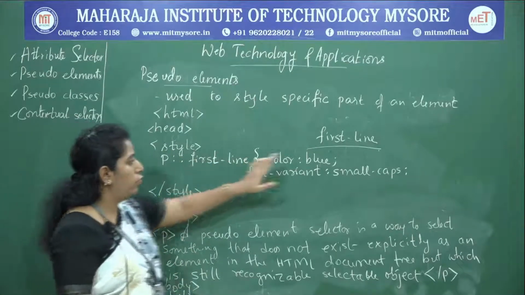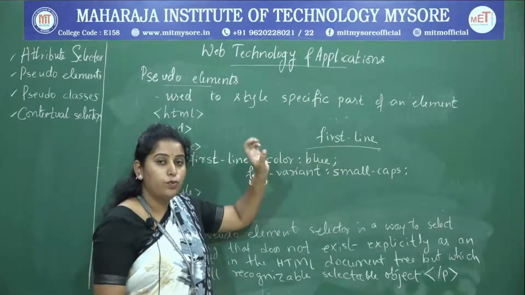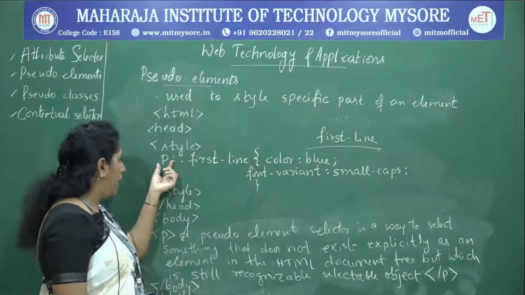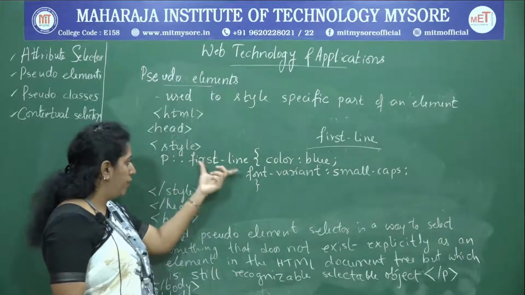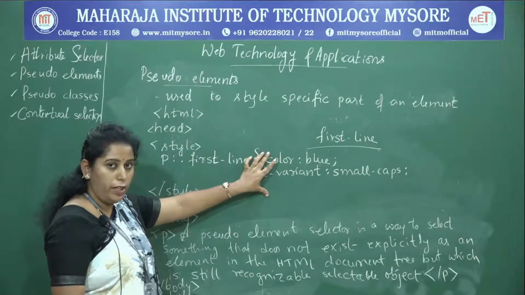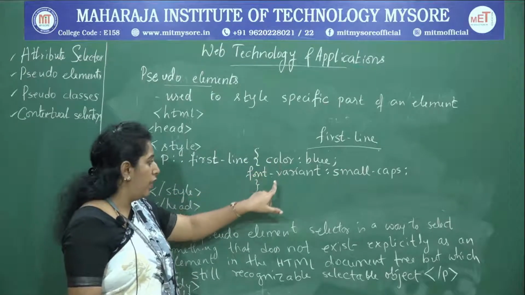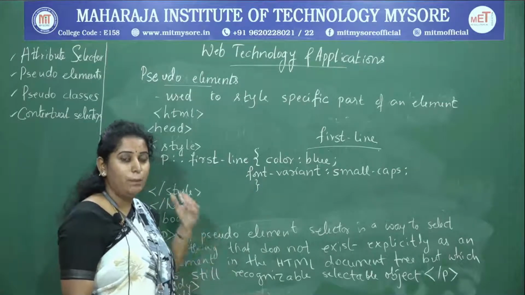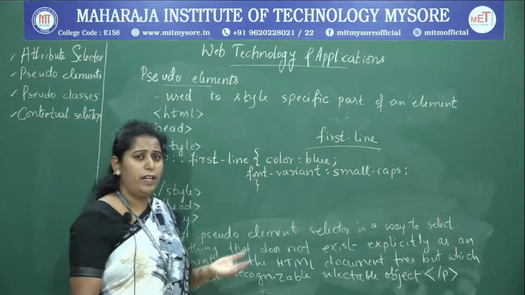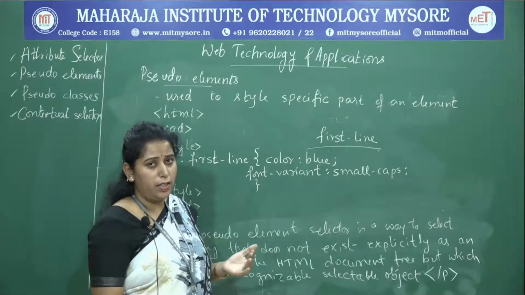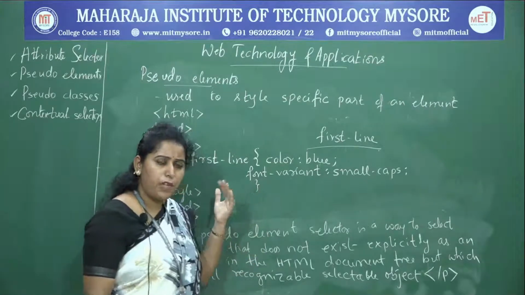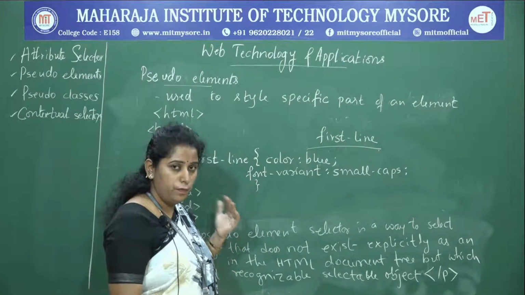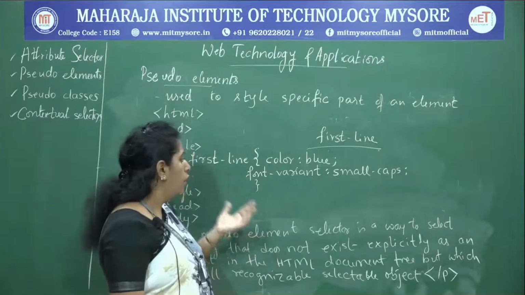Okay. So the pseudo element called first line is used to style the first line of the paragraph. So in the paragraph, the first line will be set with the following rules: color in blue color, font variant. I have listed a few of the font properties, like font style, font size, font color, font variant, font family, font weight, and so on.